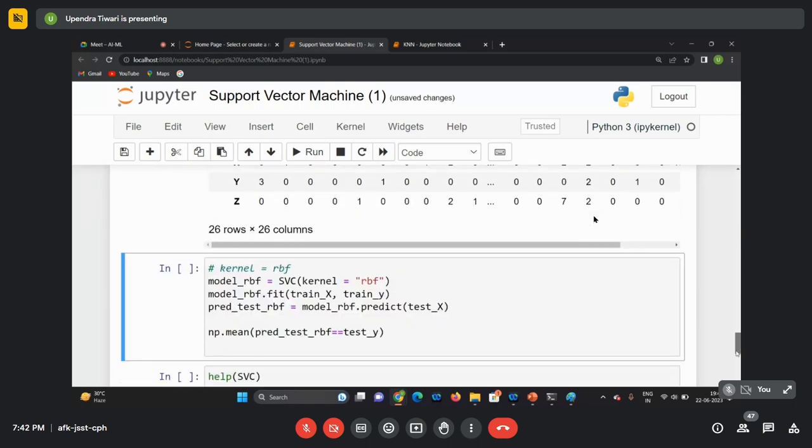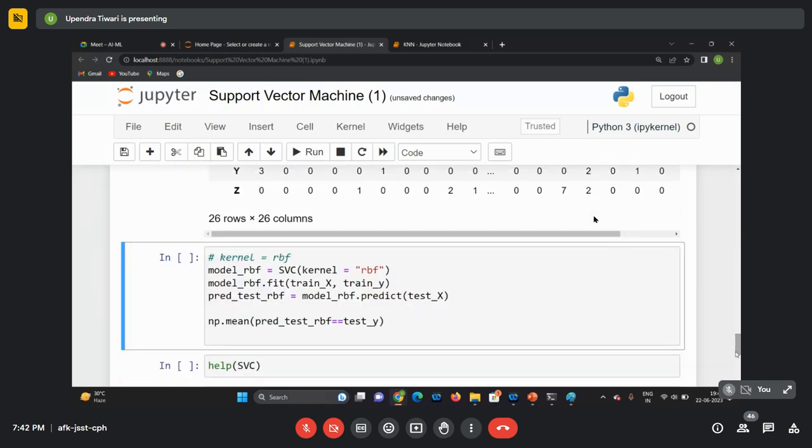Now, we will check the RBF kernel also. So here you see in this kernel, instead of linear, we have written RBF.